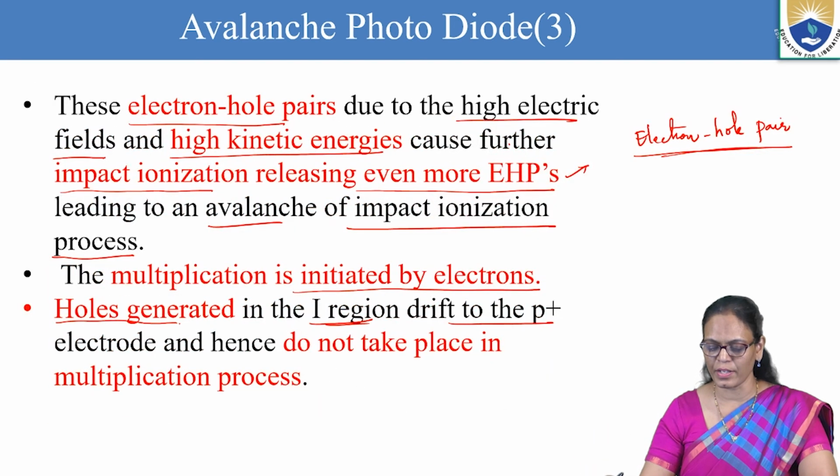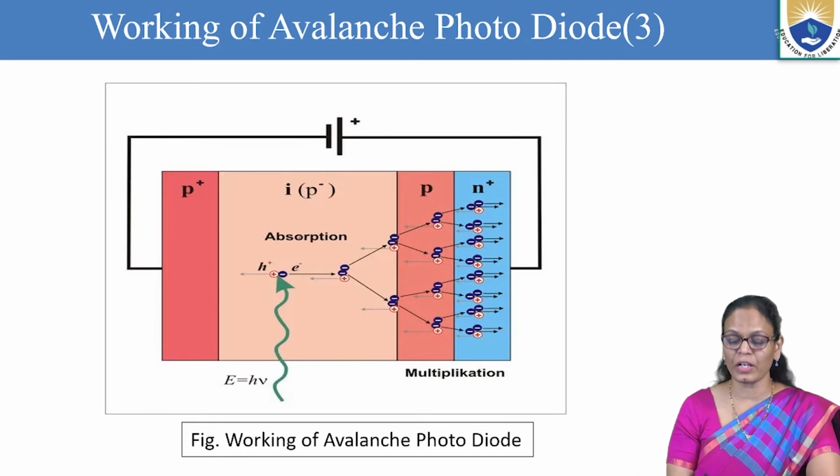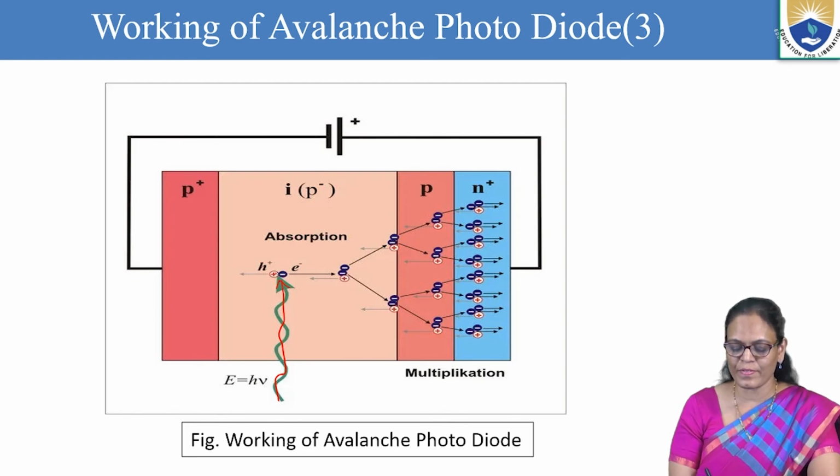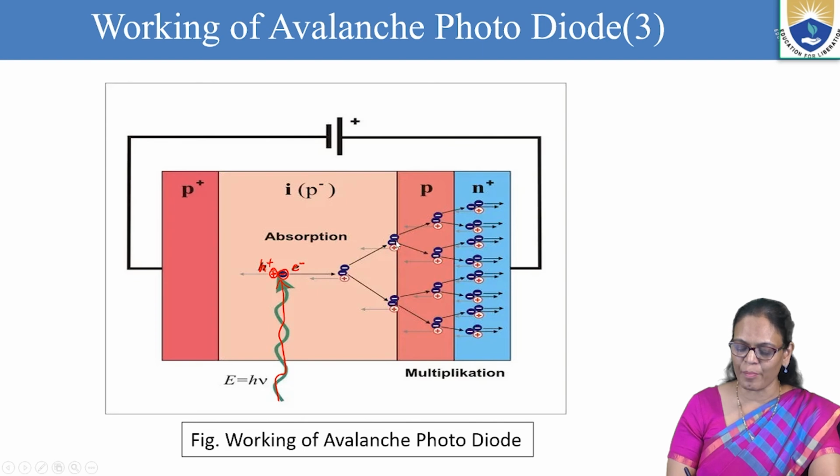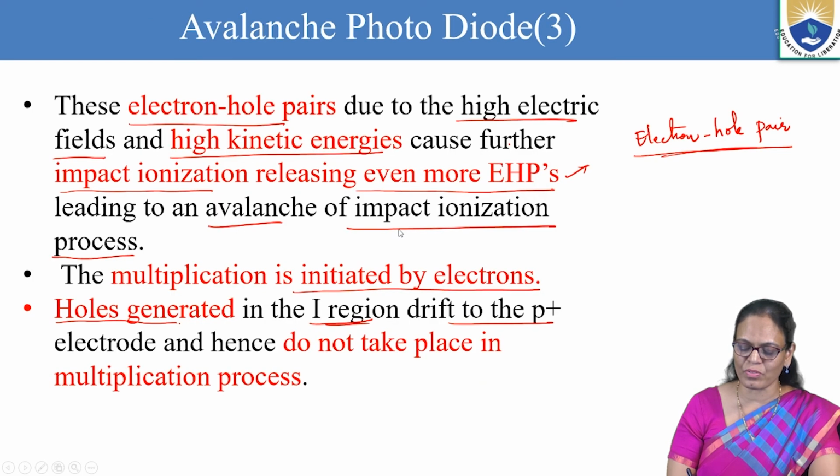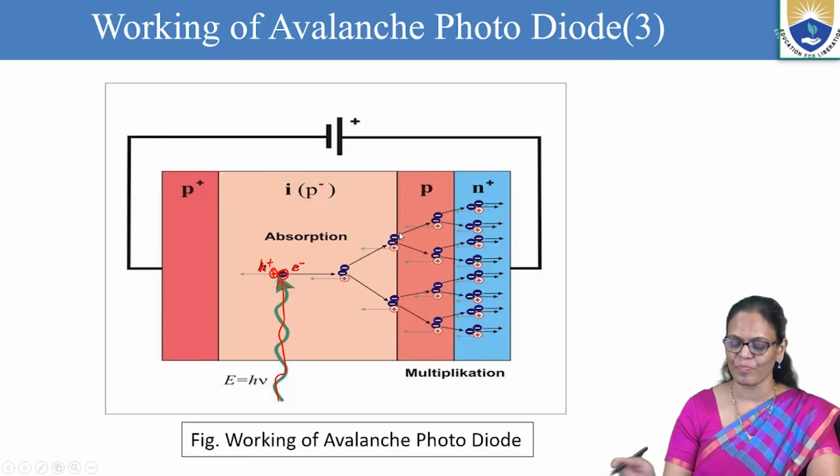This we can understand in the figure here. This is the intrinsic region where the light is incident in the form of photons. When light is incident, the electron and hole pairs are generated. This is the electron and this is the hole that are generated. And when these electrons gain sufficient energy, they hit the other atoms in the p region, so more and more electron hole pairs are generated.